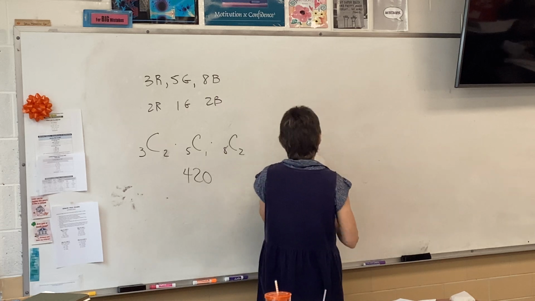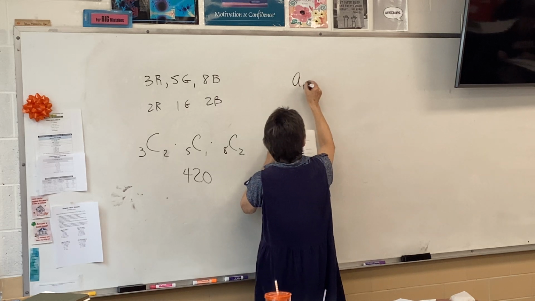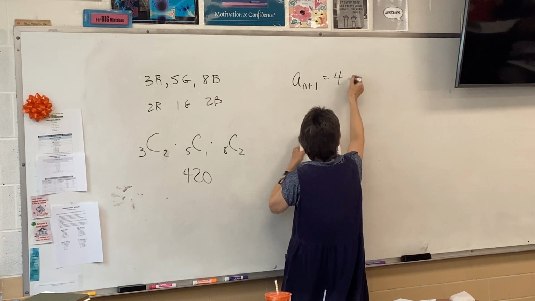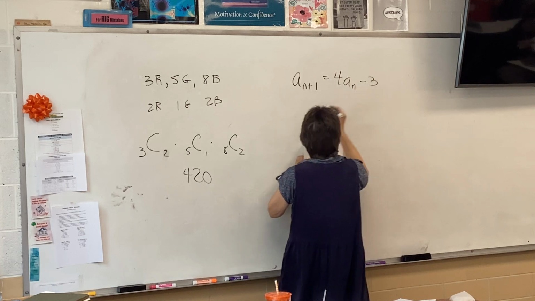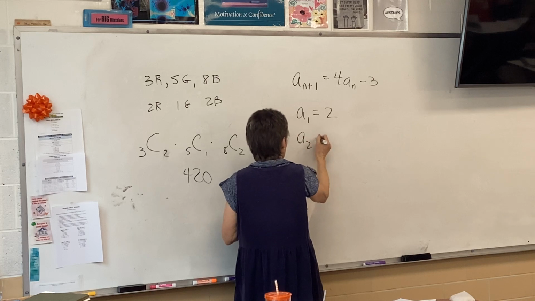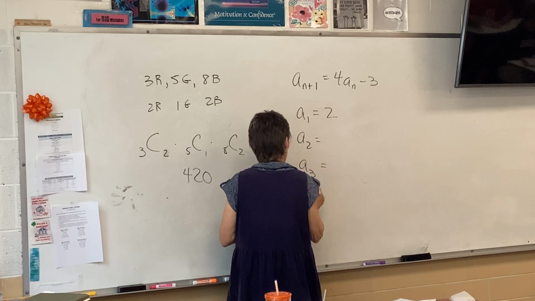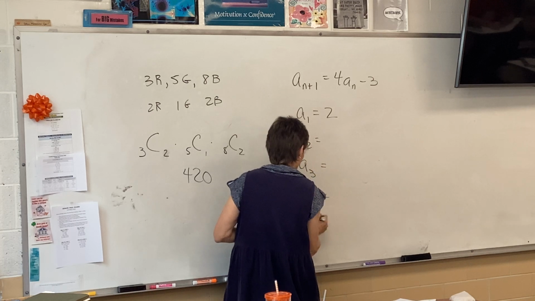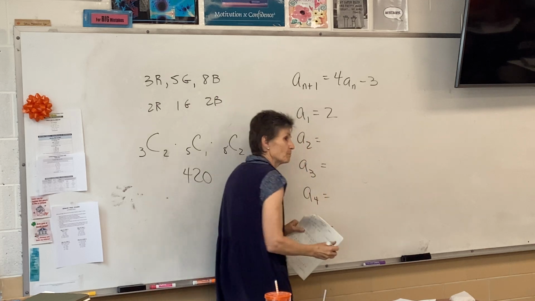So our formula for the sequence is this. And we know a sub 1 is 2, that's given. So we have to work our way down all the way to the 5th term.